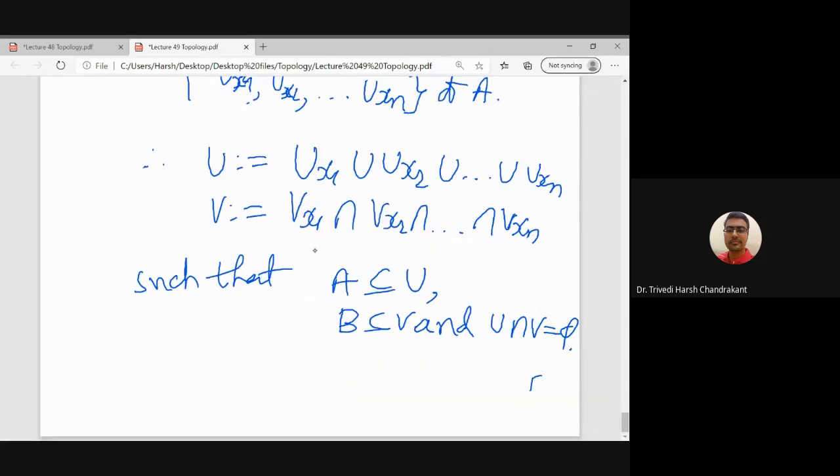So this is the proof of the result that every compact Hausdorff space is a normal space.